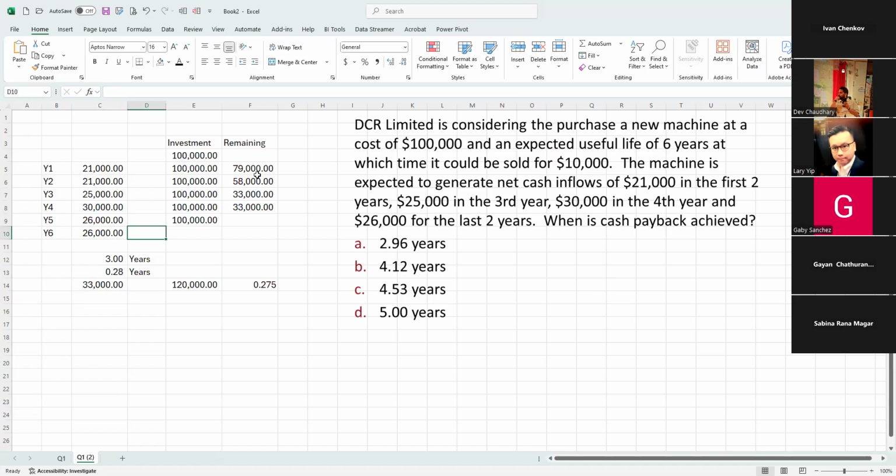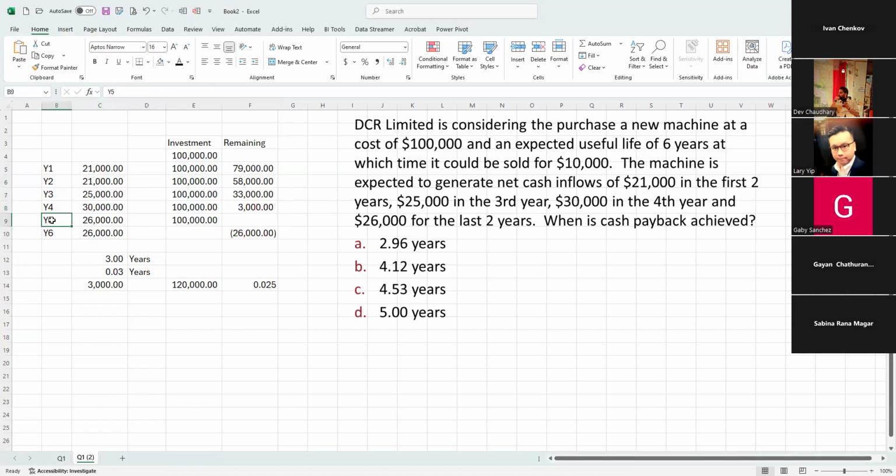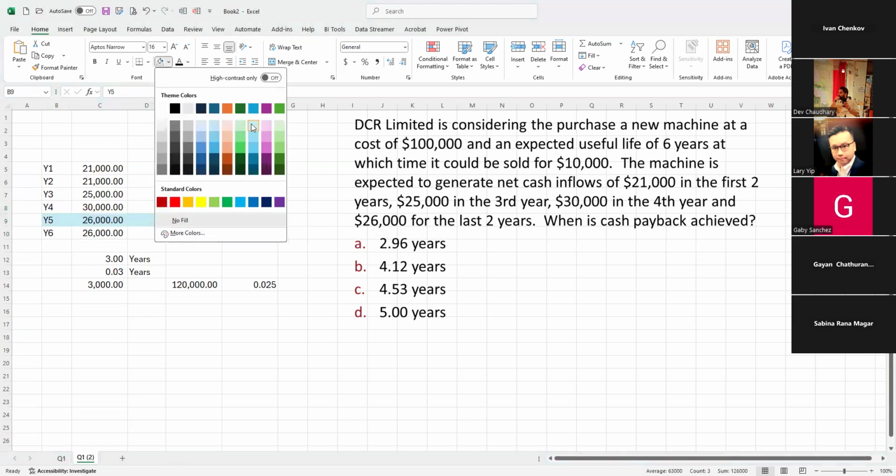Now the question is, in which year are we reaching what we need to get? So let's run the calculation here. Obviously, we get it in year 4. It takes us definitely 4 full years to recover our investment.